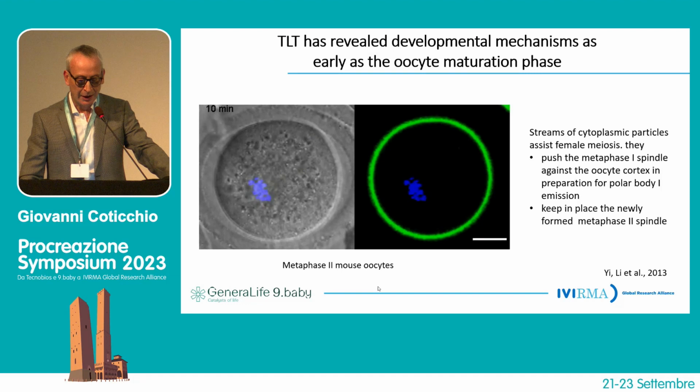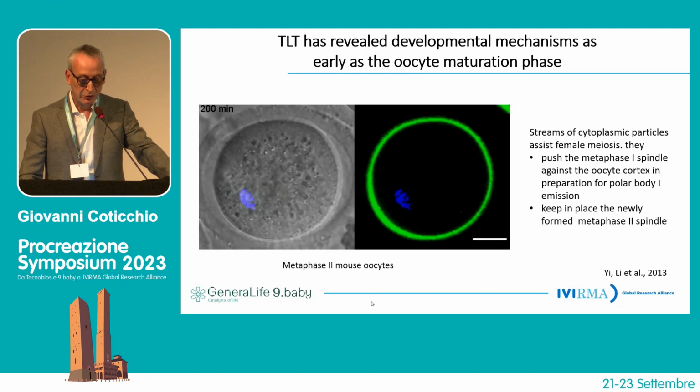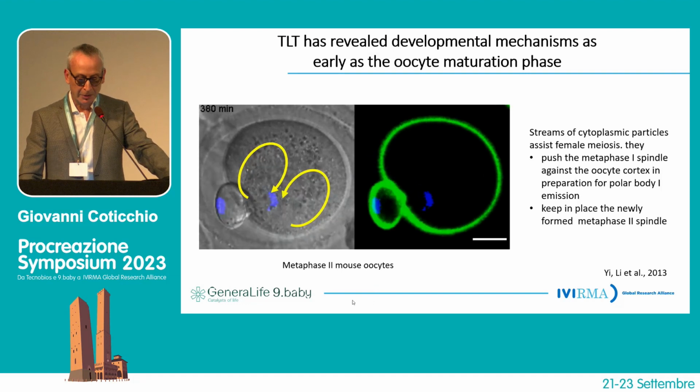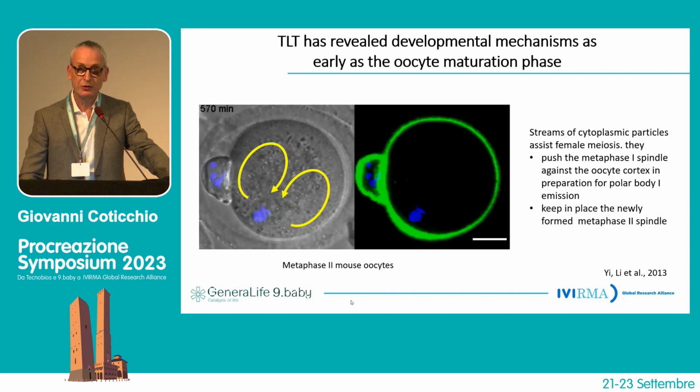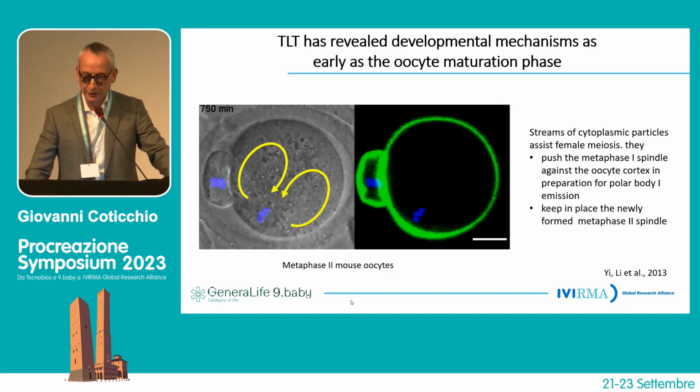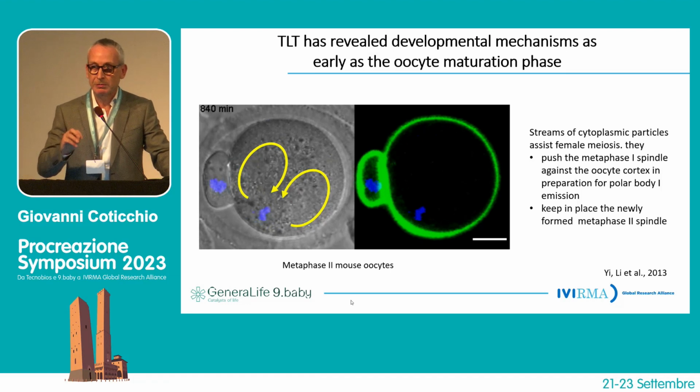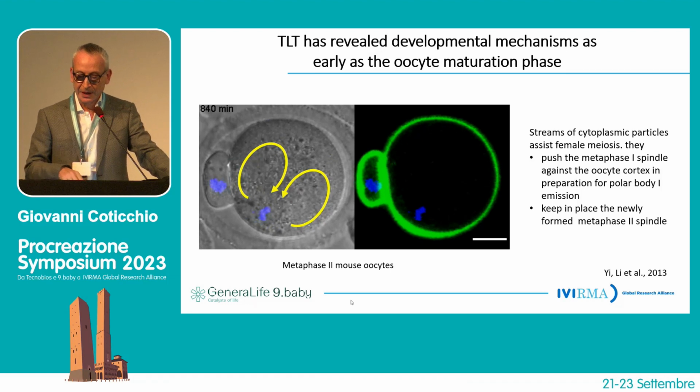Here you can see a mouse oocyte which is going to extrude the first polar body, and you can also see the chromosomes pushed against the cortex. Now, it has been shown by time-lapse technology that streams of cytoplasmic particles assist this process of female meiosis. They push the metaphase 1 spindle against the cortex in preparation for the emission of the polar body and keep in place the newly formed metaphase 2 spindle in preparation for fertilization.